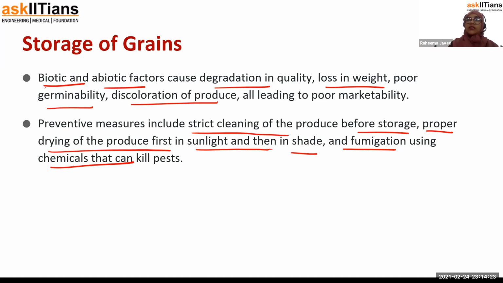This can also be done with sanitizers, which is happening a lot these days with the COVID-19 pandemic. People are using fumigators to disinfect or sterilize a place. So preventive measures are to clean the produce before storage, dry it properly in the sunlight and then in the shade, and fumigation.